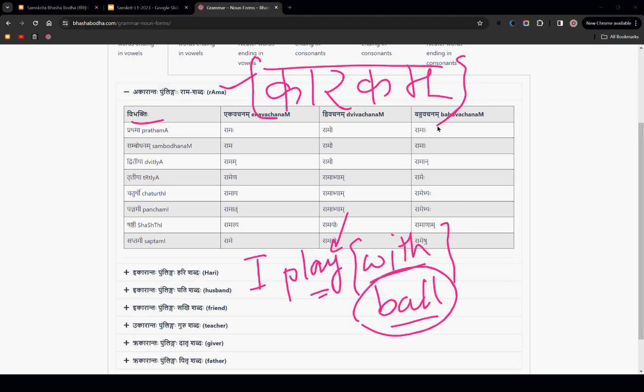Once we know the karakam, that is, whether it is a location or an instrument and so on, then we apply a certain affix to the base word, and that affix is one of these vibhaktis that is defined here.